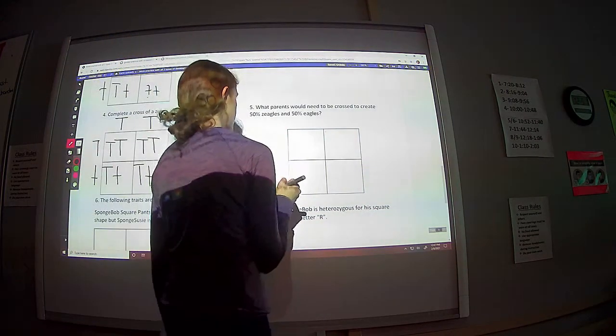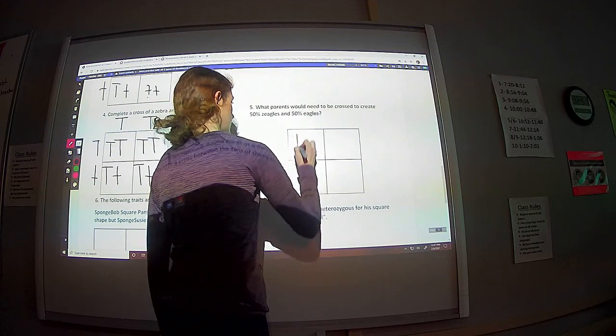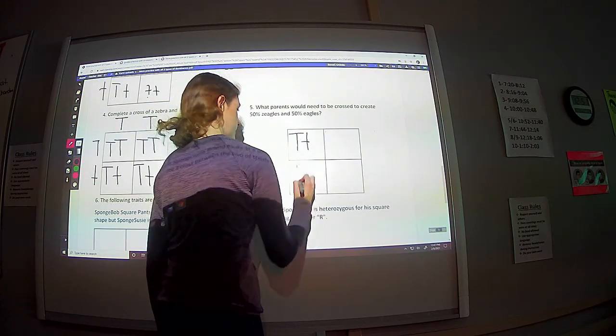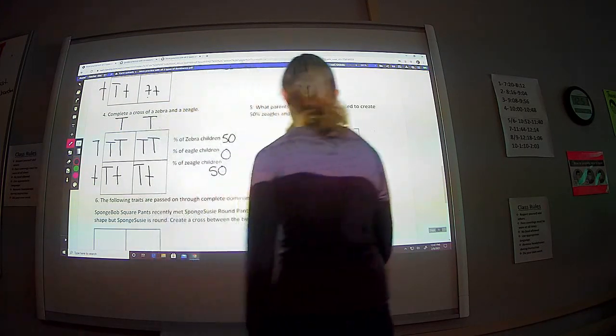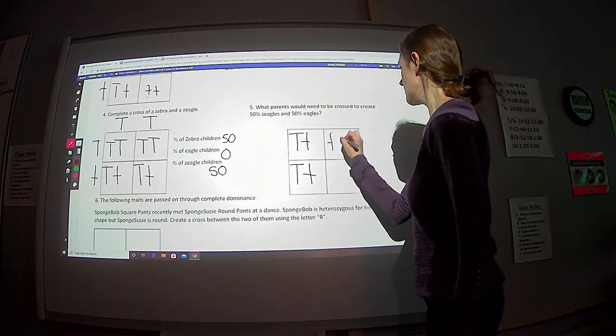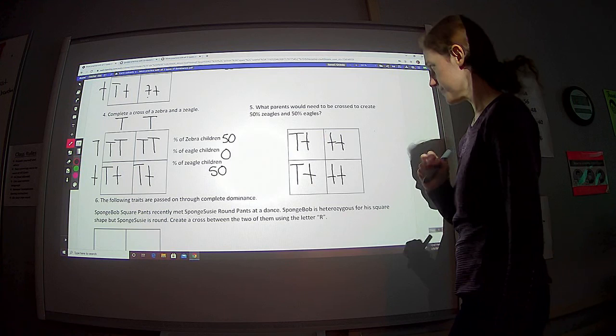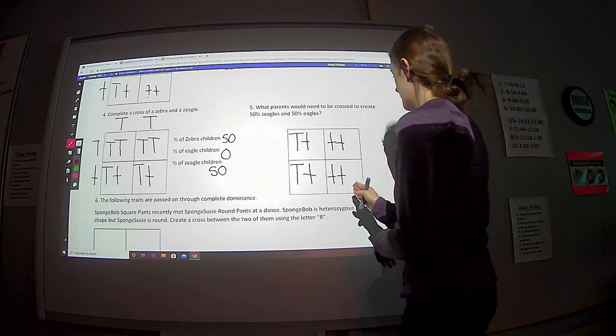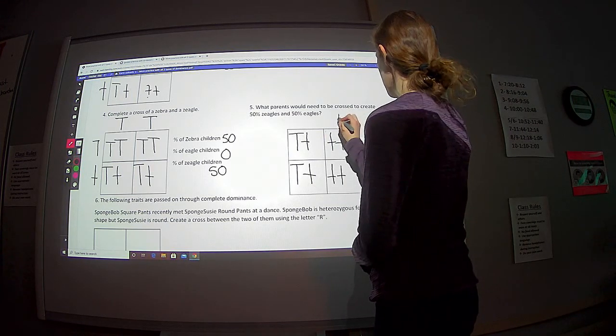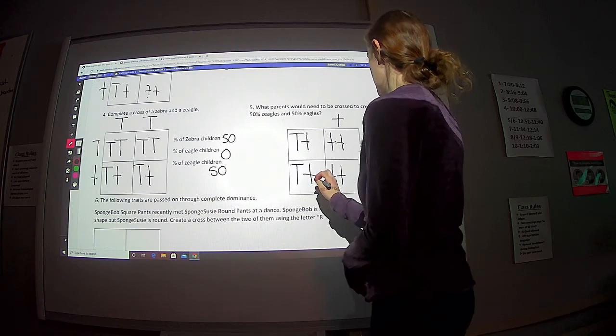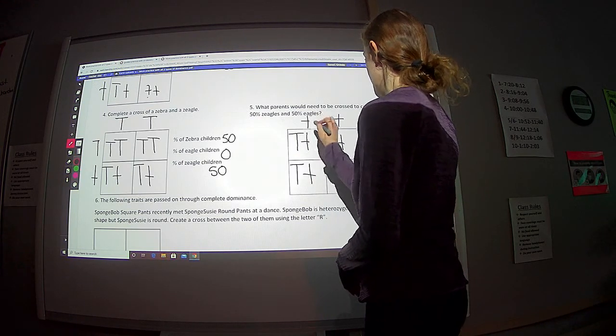So if we're doing zeegles and eagles, my inner workings will look like this. There's my 50% zeegle, and my eagles look like that. So if I work backwards now, I'm going to move up this little t, and I'll move up this little t.